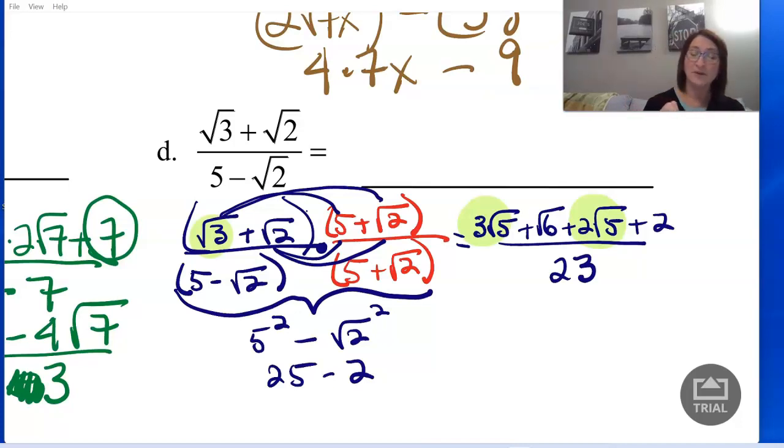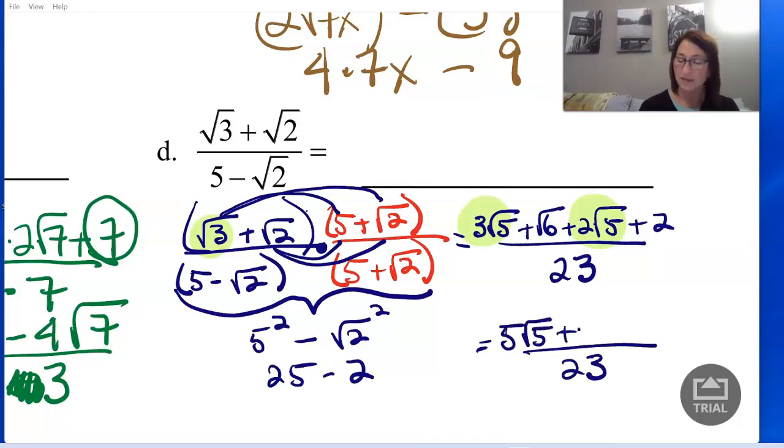Yeah. No, I'm good. And so this is going to end up with a 23 in the bottom. And then that will be 5 square root of 5 plus square root of 6 plus 2. It's lovely. Okay, let's go ahead. Keep going. All right.